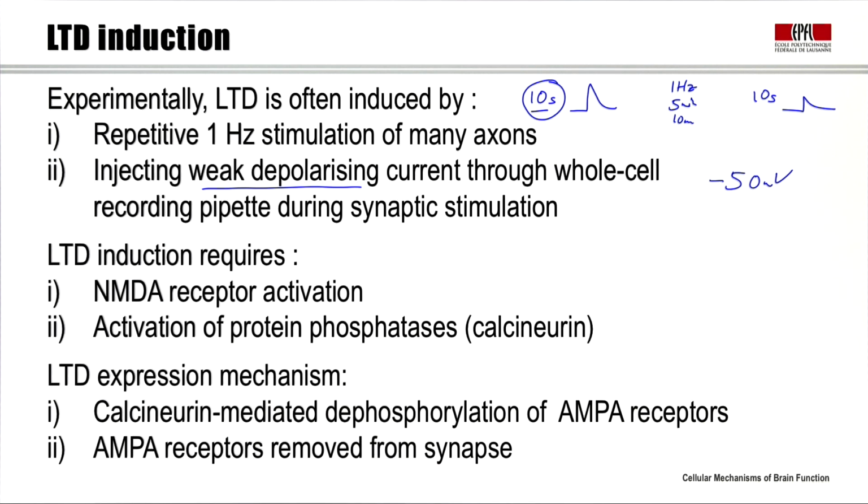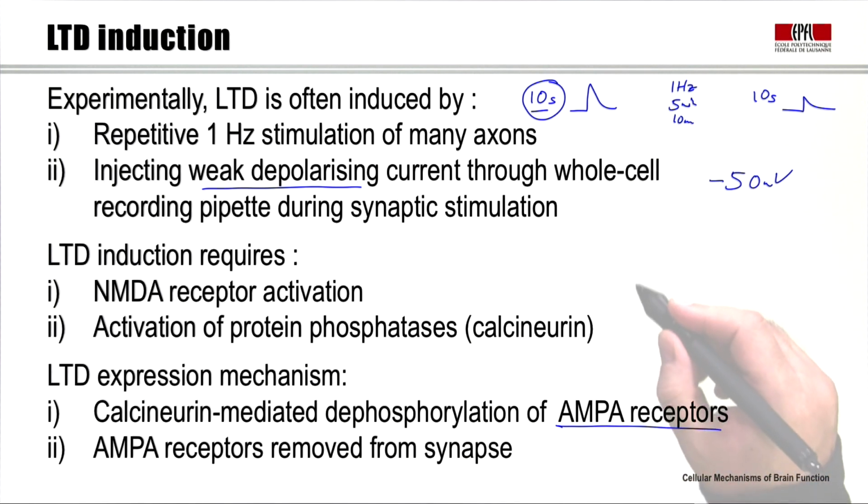In terms of what happens after the NMDA receptors have been partially activated and the protein phosphatases have been activated, presumably there's a dephosphorylation event that occurs, and in particular, it seems that, in part at least, directly dephosphorylating AMPA receptors appears to be a key aspect to long-term depression. After that, the AMPA receptors are simply removed from the synapse, at least in part.